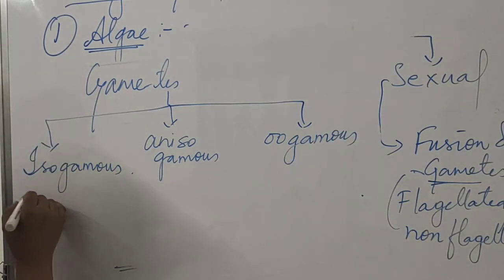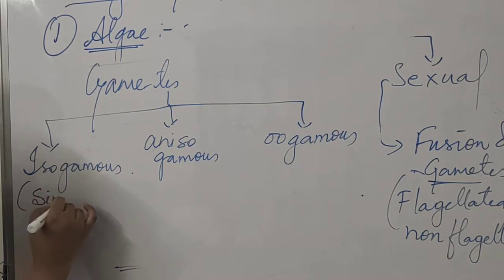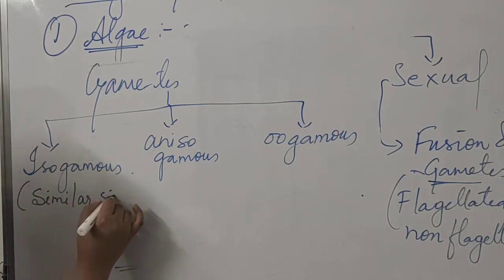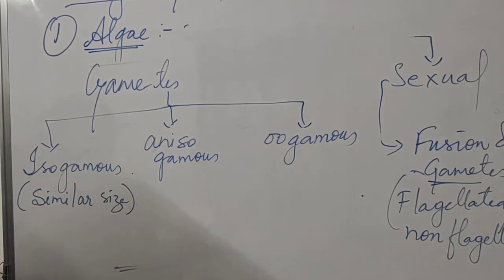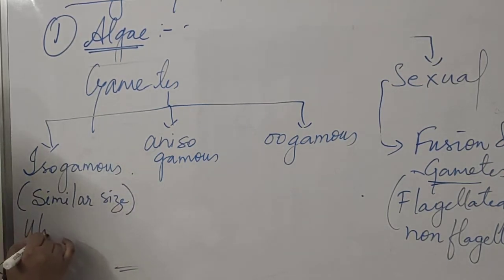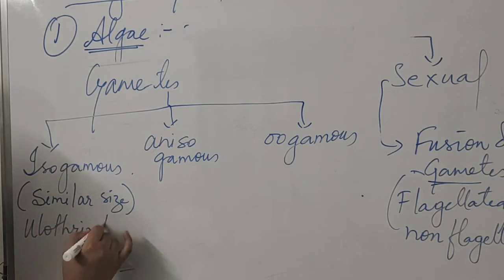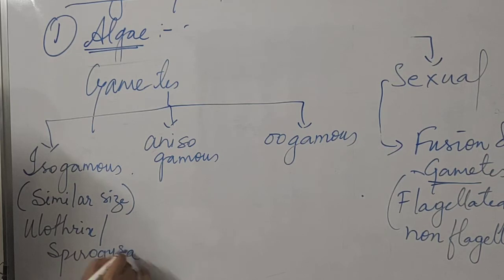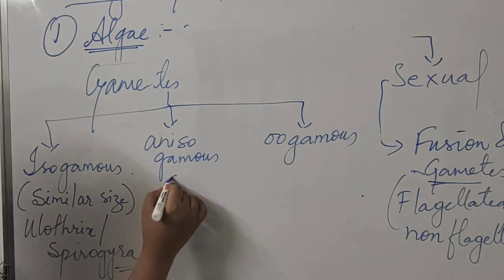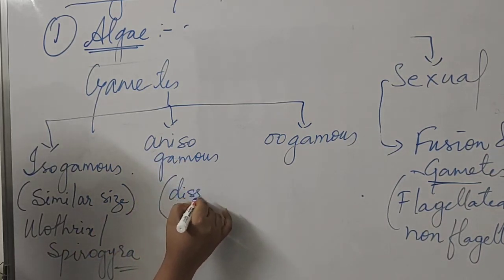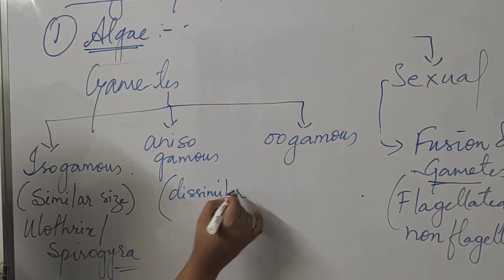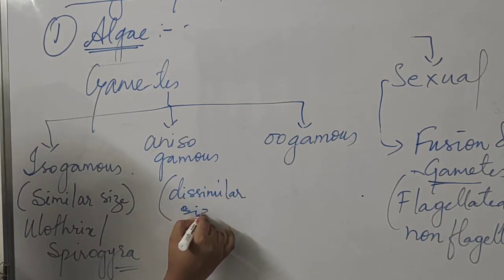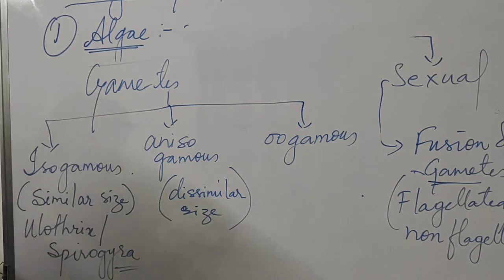Isogamous means when both the male gamete and female gamete are similar in size. An example is Ulothrix, and in Spirogyra you will see it. Anisogamous is when the gametes are dissimilar in shape and size, as in Eudorina.